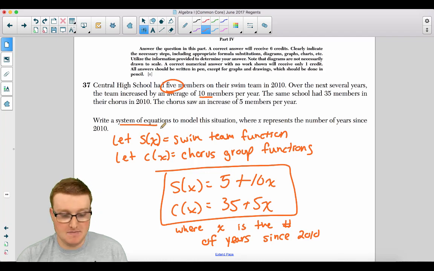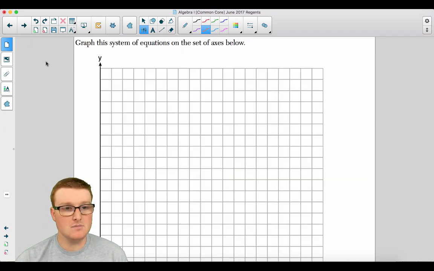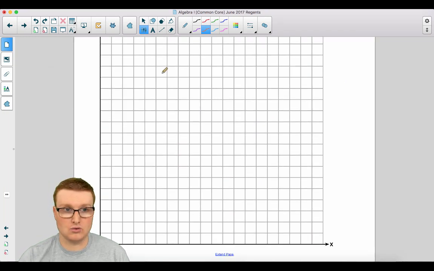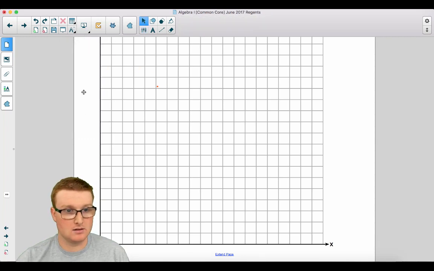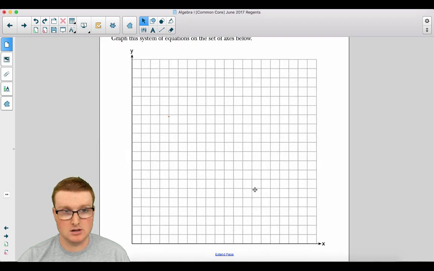Now, for the second part of this problem, graph the system of equations on the set of axes below.